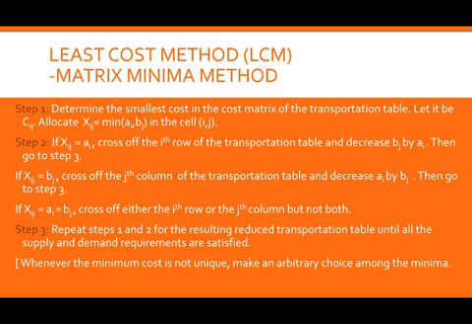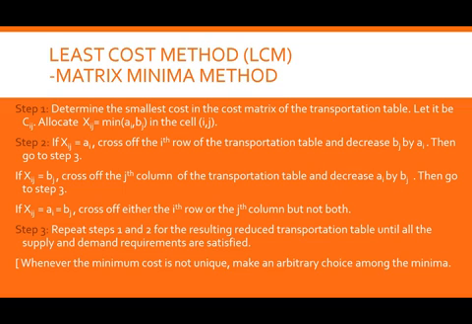Only in the last step, when you have supply equal to demand for the last cell allocation, can you cross off both the row and the column.